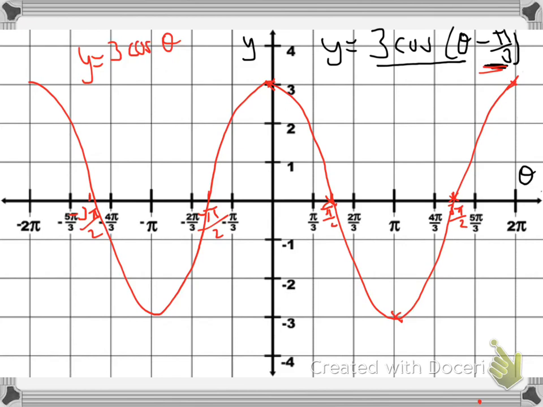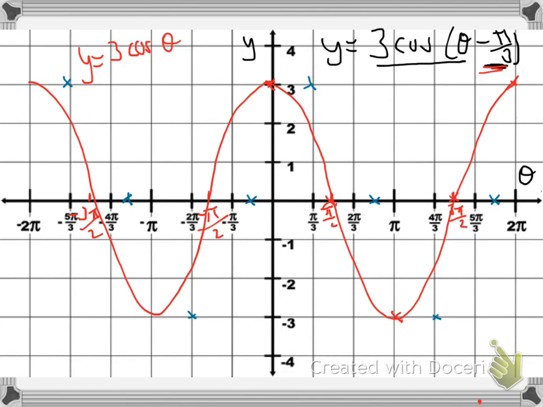So I'm going to change pens to a blue pen, and with all the key points, I'm going to move them, and just put little crosses for the moment, pi on 3 places, so one division here, and that's why it's handy to have pi on 3 divisions, pi on 3 divisions to the right. So that one goes to there, that one goes to there, that one to there, that one to there, that one to there, and that one to there.